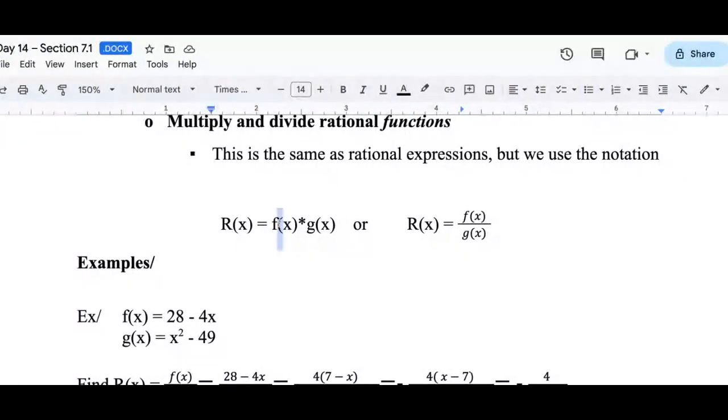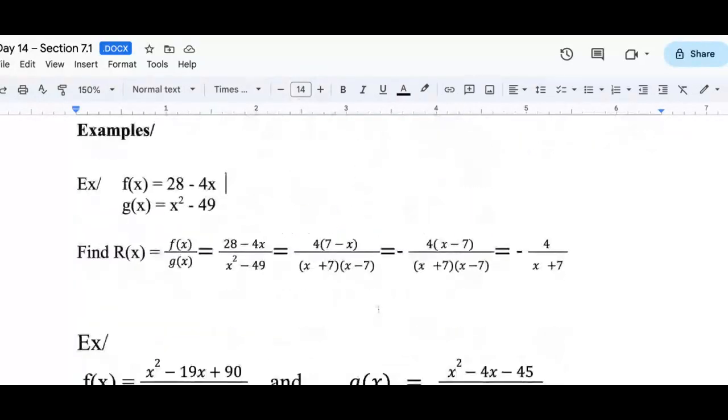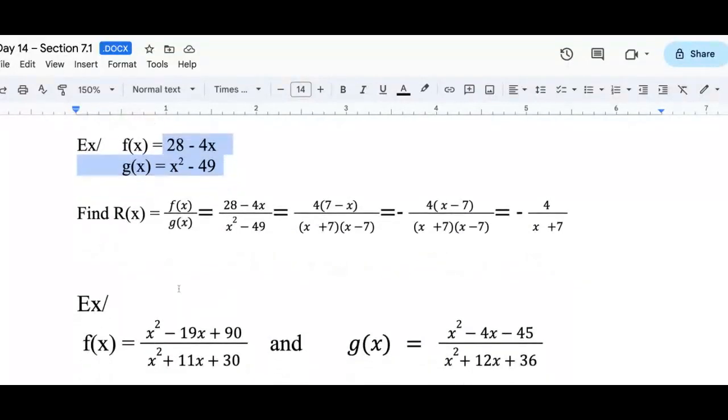Okay, similarly, we can multiply rational functions and we can divide rational functions. Let's see, we have these two functions. F is 28 minus 4x, linear. G is x squared minus 49, quadratic. So we want to divide those two, F divided by G. Difference of two squares in the denominator, that's x plus 7 times x minus 7.